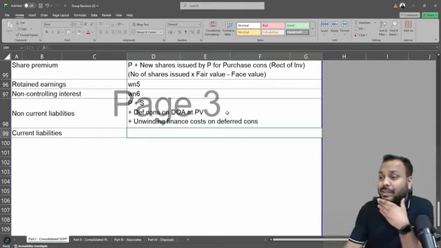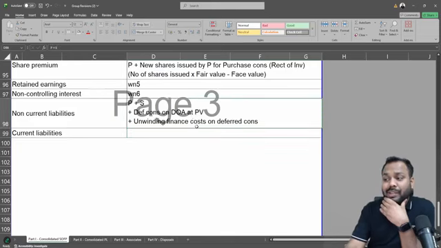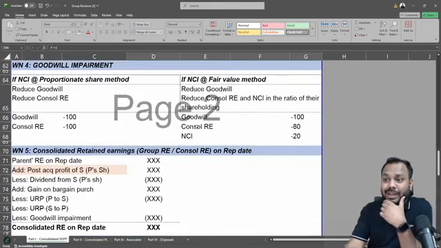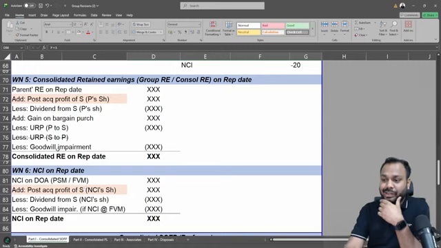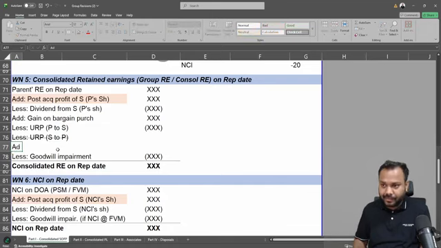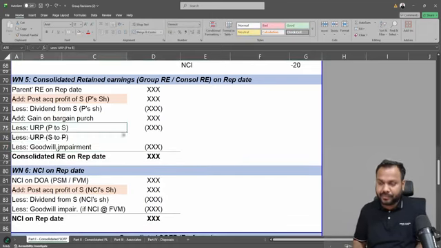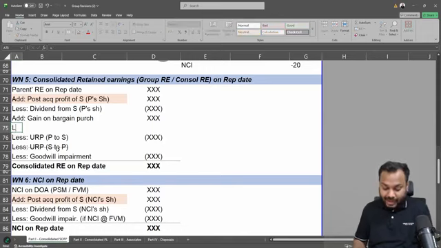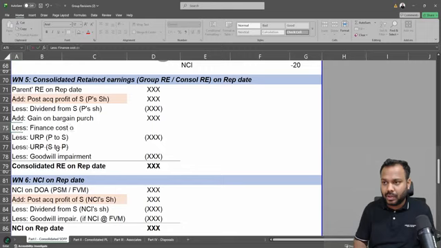So it means we have to adjust this finance cost in consol RE. Yes, so let's adjust. Add, sorry, less, not add, less. It's an expense. Less finance costs on deferred consideration.